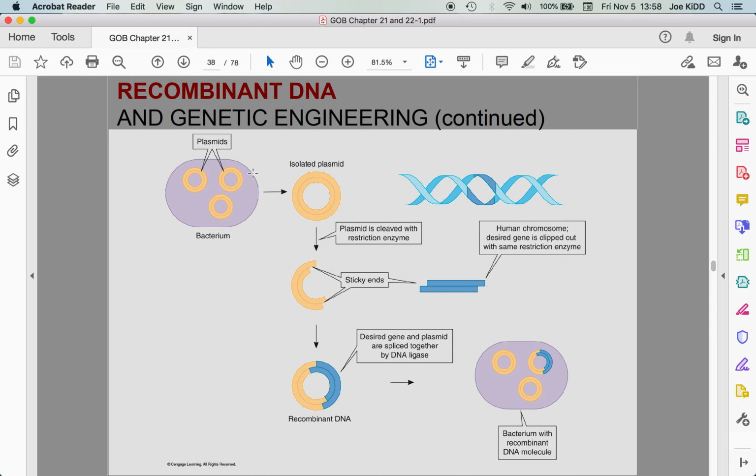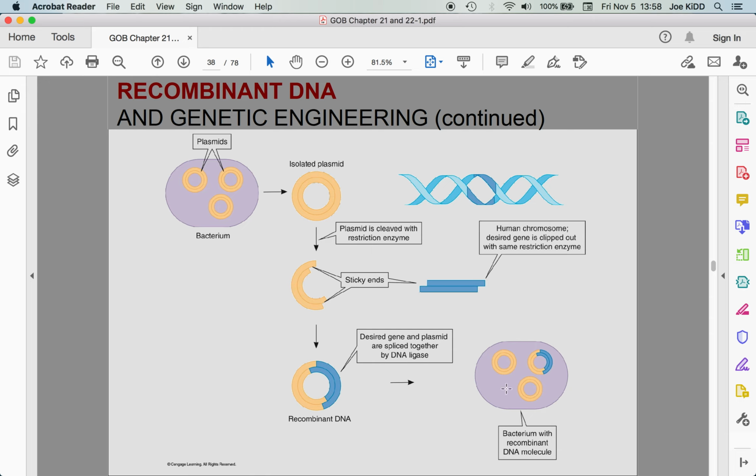So in this case here we have a bacterium and its plasmids. We isolate one of them, we cut it, and we insert the portion of human DNA that is the desirable genes in there. So let's say these contain the genes to produce the protein of human insulin. They're spliced back together, and now we have a recombinant DNA that is both E. coli and human.